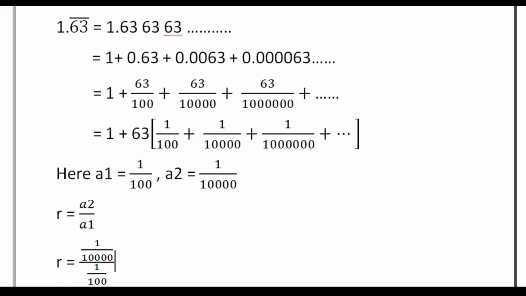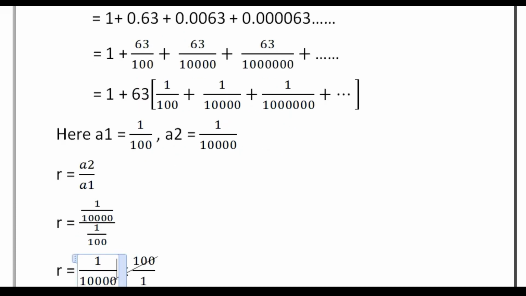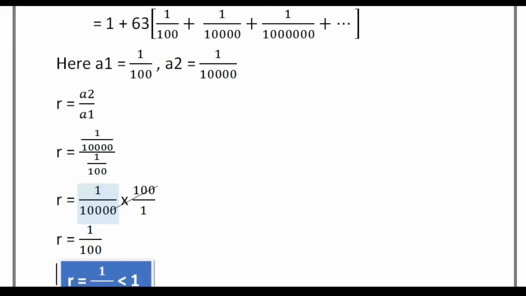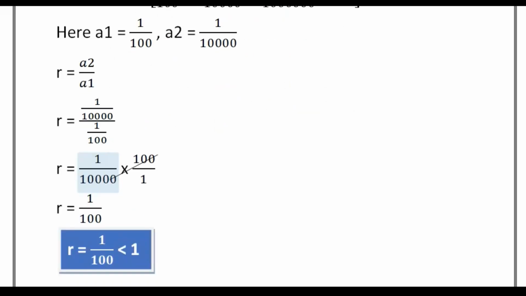By putting the values, 1 divided by 10,000 divided by 1 divided by 100, take the denominator into the numerator: 1 divided by 10,000 multiplied by 100 divided by 1, so the 100s cancel. So r is equal to 1 divided by 100, which is less than 1.